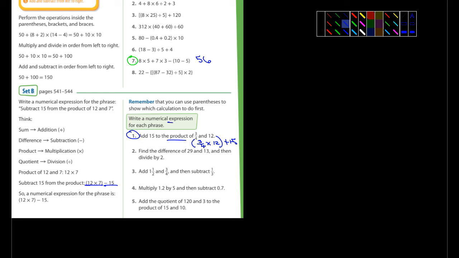It's not an equation. Remember, for something to be an equation, it would have to have an equal sign. I think you can do the rest of those on your own. That shouldn't be too hard. Okay.